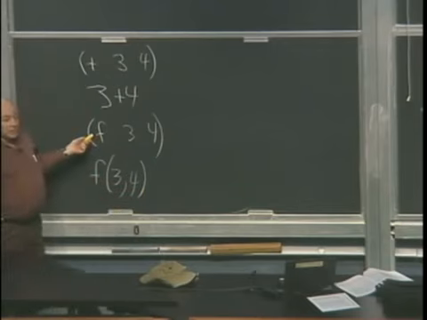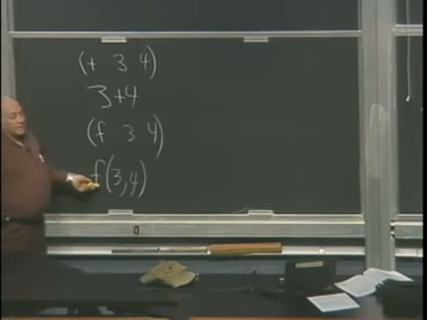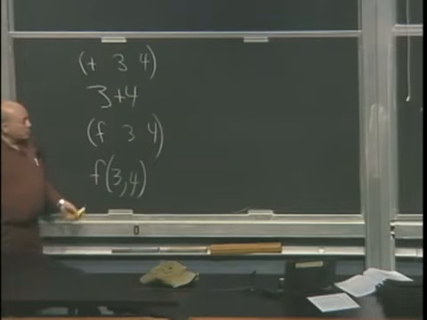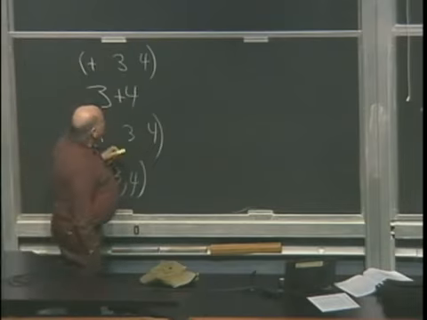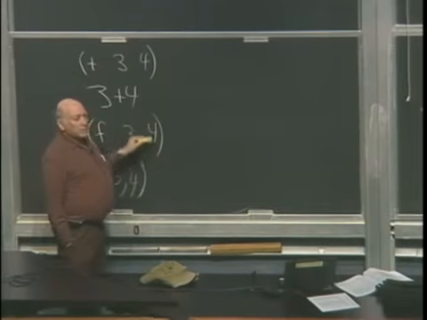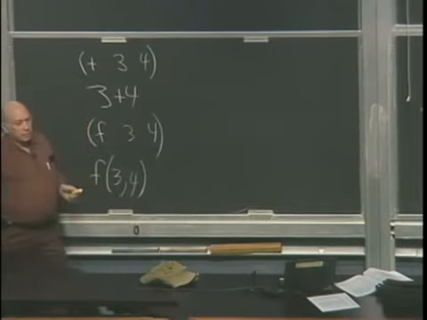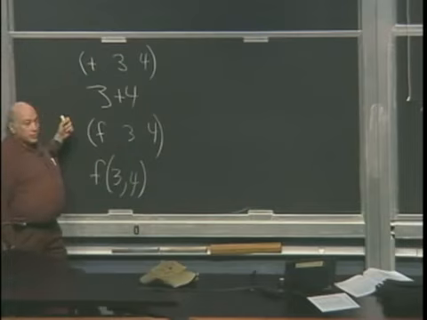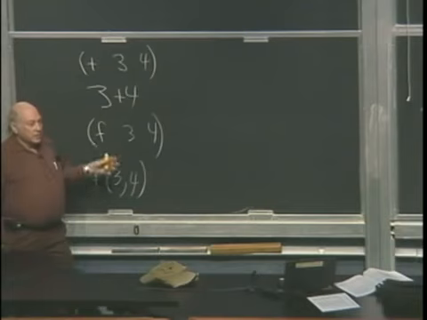Here's another procedure call, function call, f of 3 and 4. And in almost any other programming language, it's f parenthesis 3 comma 4 close parenthesis. Okay? Does apply know which of these things you typed? No. Apply knows that you want to call the function f, and you want its argument values to be 3 and 4.